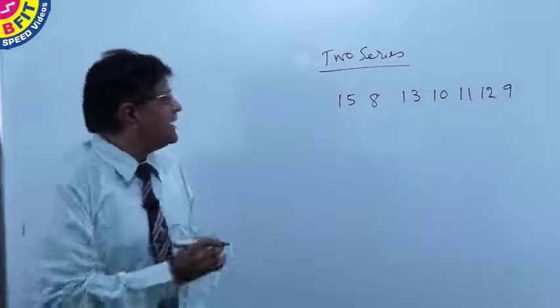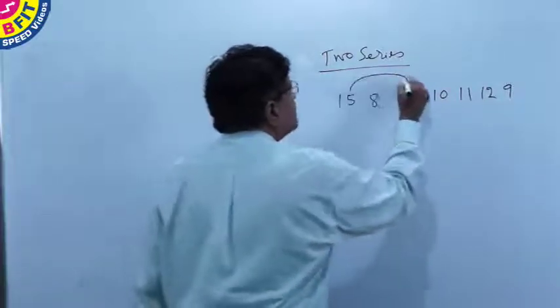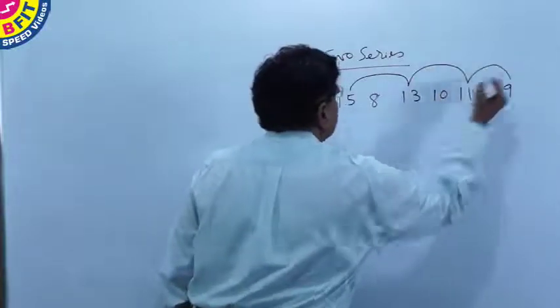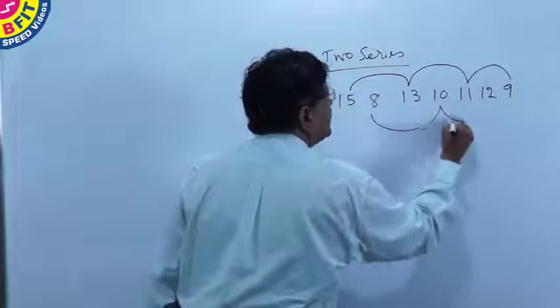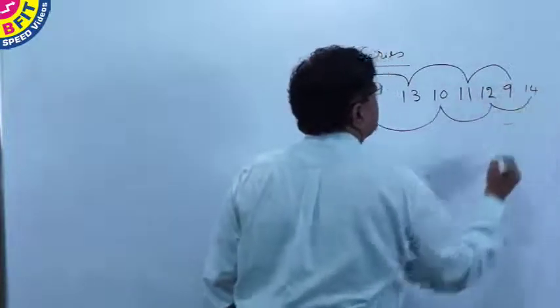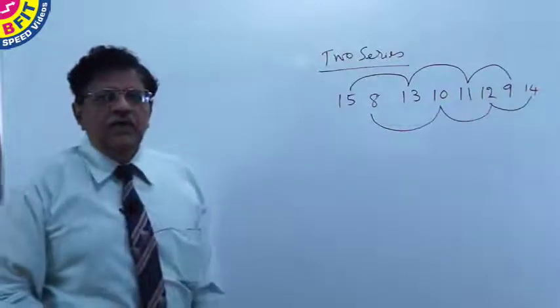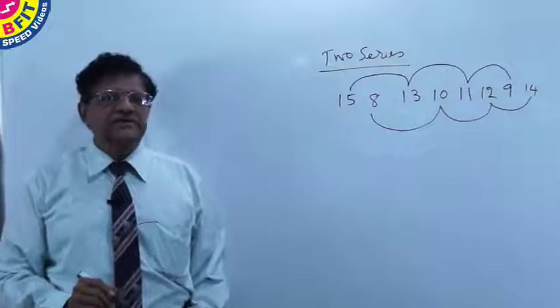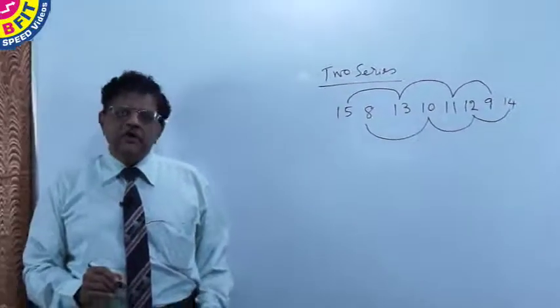But when you look at it as two series, it will be simple. 15, 13, 11, 9, 8, 10, 12. What should be the next number? Obviously 14. So, in number series, look for patterns of two series. That will help you to identify two series.